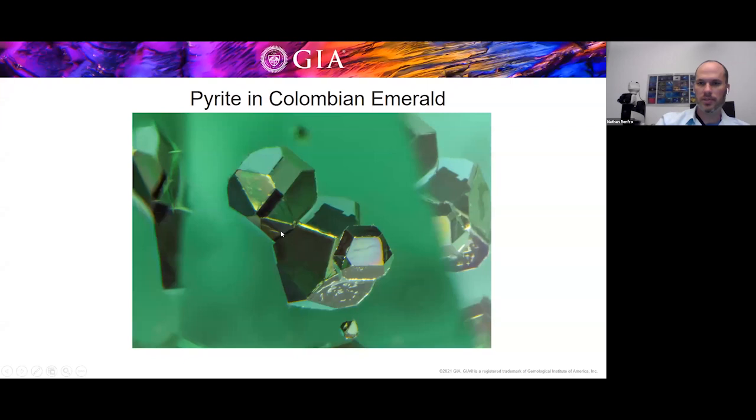So when you see these pyrite inclusions in Colombian emerald, those are the reasons why you have these vibrantly glowing Colombian emeralds with strong fluorescence, as opposed to the schist-hosted emeralds, which are generally much higher in iron because they have a lot more available iron to be incorporated into the actual structure of the emerald.